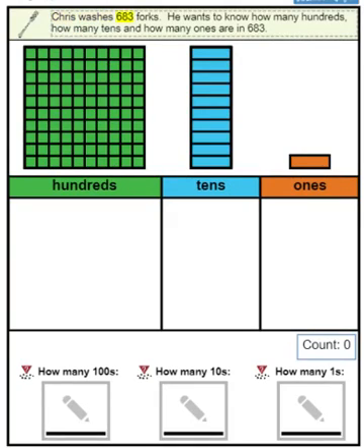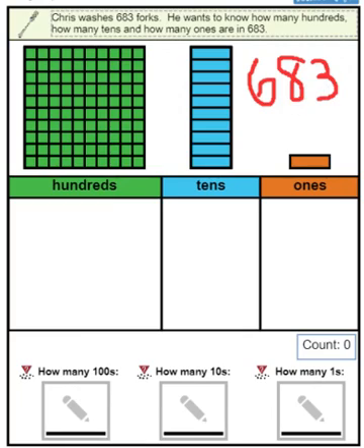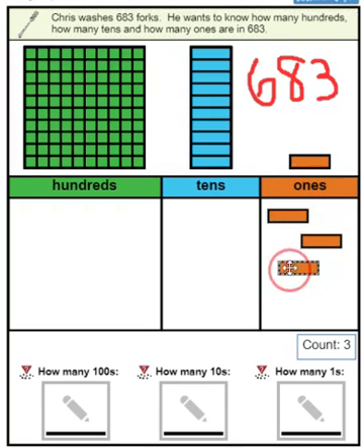Chris washes 683 forks. He wants to know how many hundreds, how many tens, and how many ones are in 683. Okay, so my number is 683. Starting with the ones, that's right, I have 3 ones. 1, 2, 3.